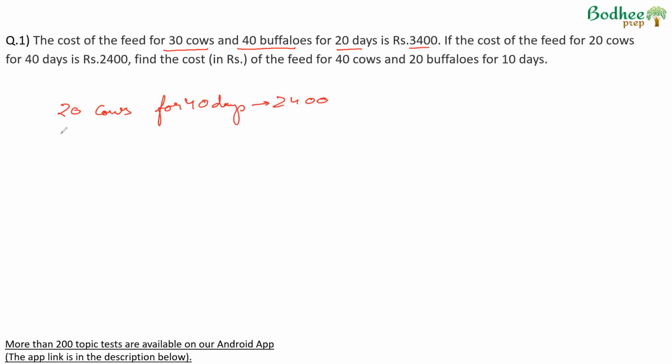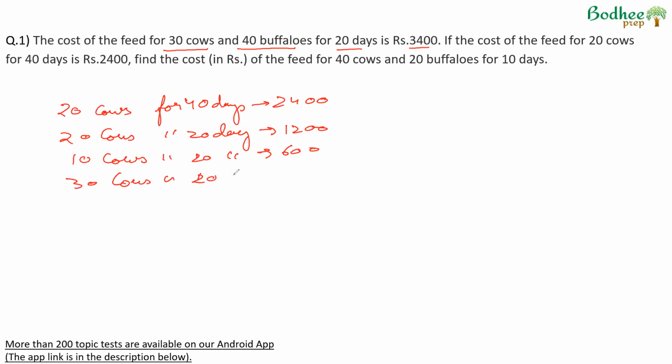Therefore, can I not say 20 cows for 20 days will be half of this, that is 1,200. And therefore, 10 cows for 20 days will be half of this, that is 600. And therefore, 30 cows for 20 days will be 3 times of this, that is 1,800.